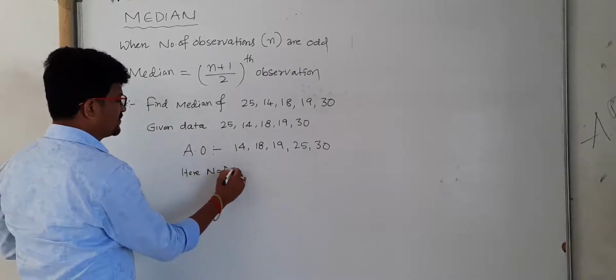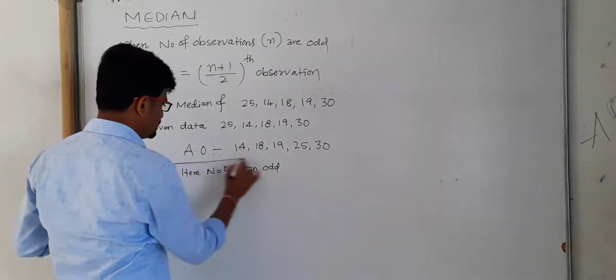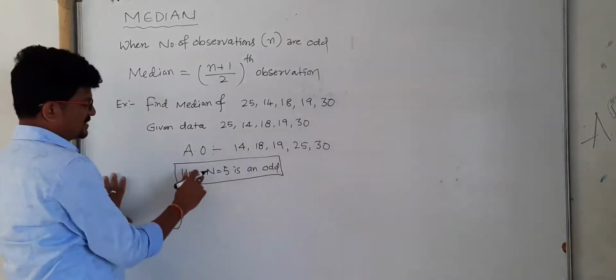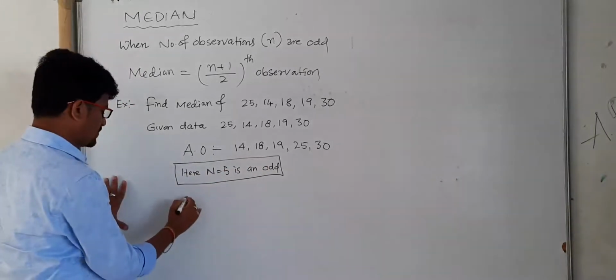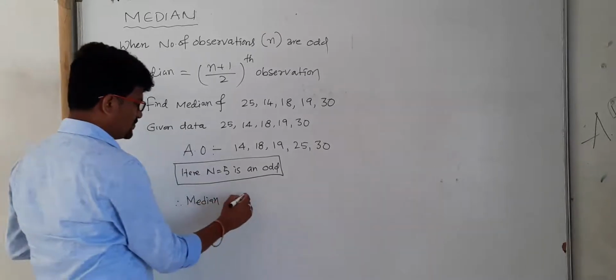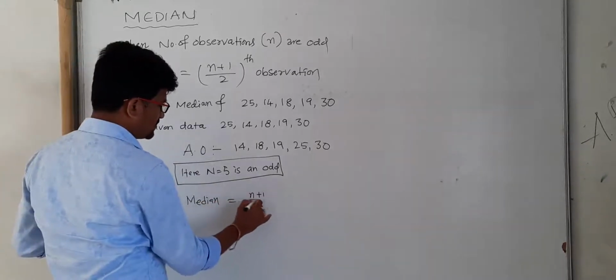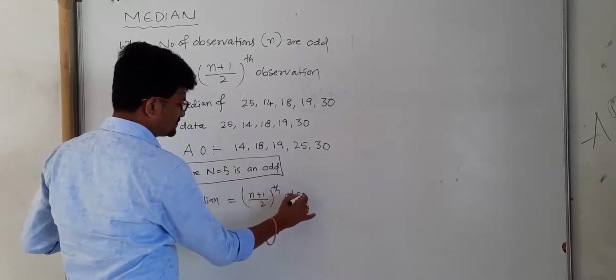Here n is equal to 5, which is odd. Therefore, median is equal to the (n plus 1) by 2th observation.